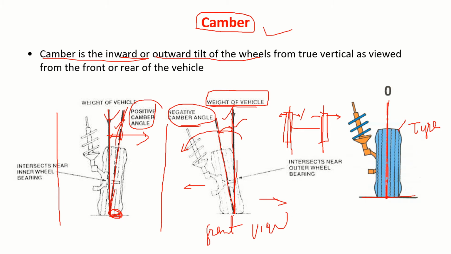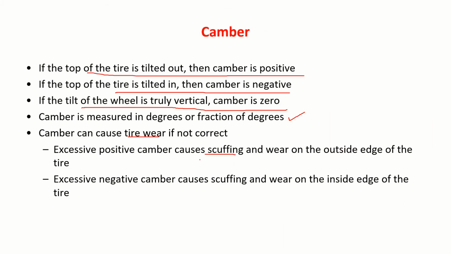If it is negative camber, here you can find too much wear, because this contact is much more with the ground than this one. So excessive positive camber causes scuffing and wear on the outside edge of the tire. Excessive negative camber causes scuffing and wear on the inside edge of the tire, which is very clear from the explanation.